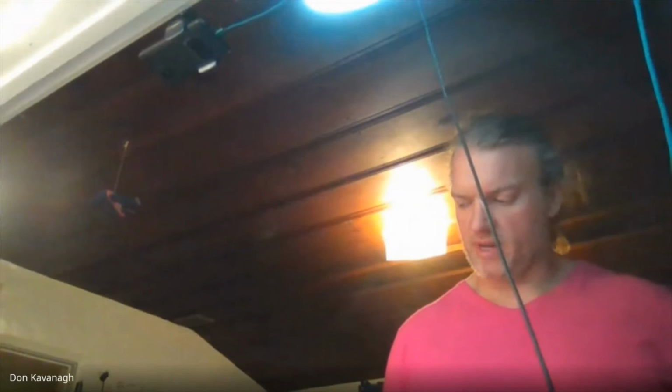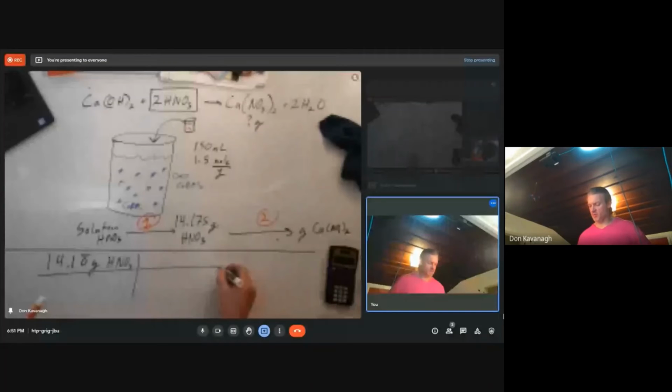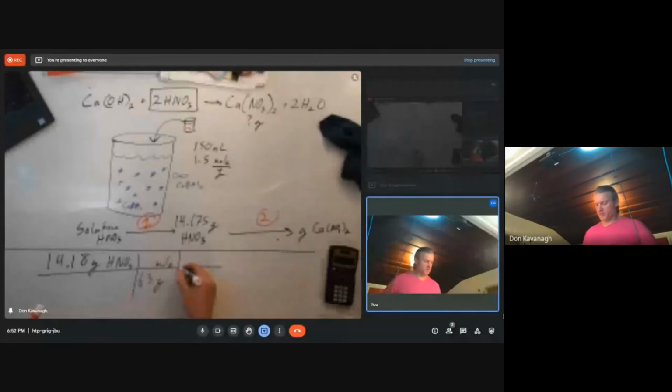I'm going to erase the scaffold here. I need the room. My second scaffold is a grams to grams type problem, solving for grams of reactant to grams of product. I start with 14.175 grams of HNO3, over 63 grams per mole, the molecular weight of HNO3.